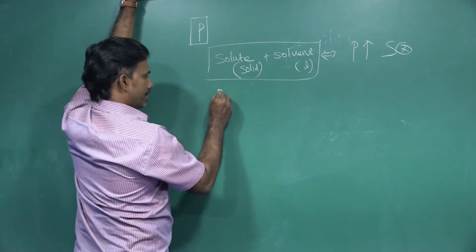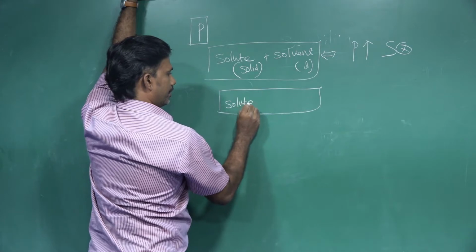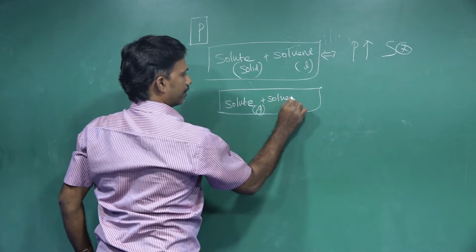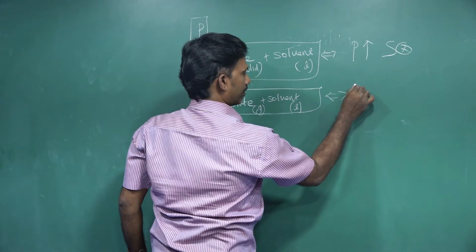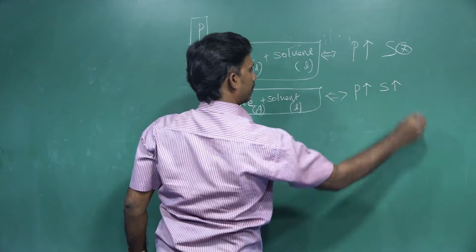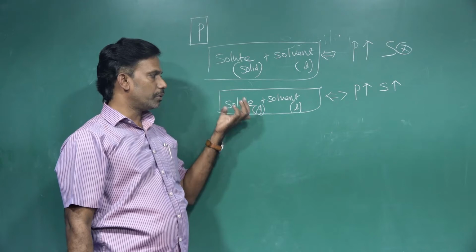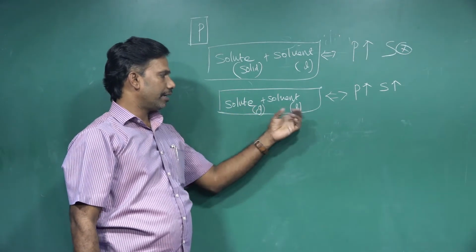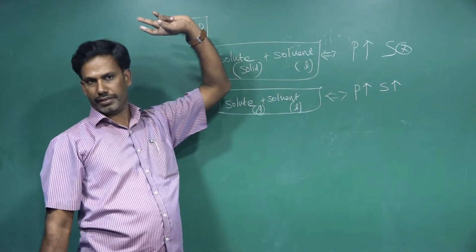Whereas, with a gaseous solute plus a liquid solvent, when the pressure increases, solubility also increases. In the case of a gas in a liquid, when the pressure increases, solubility also increases.